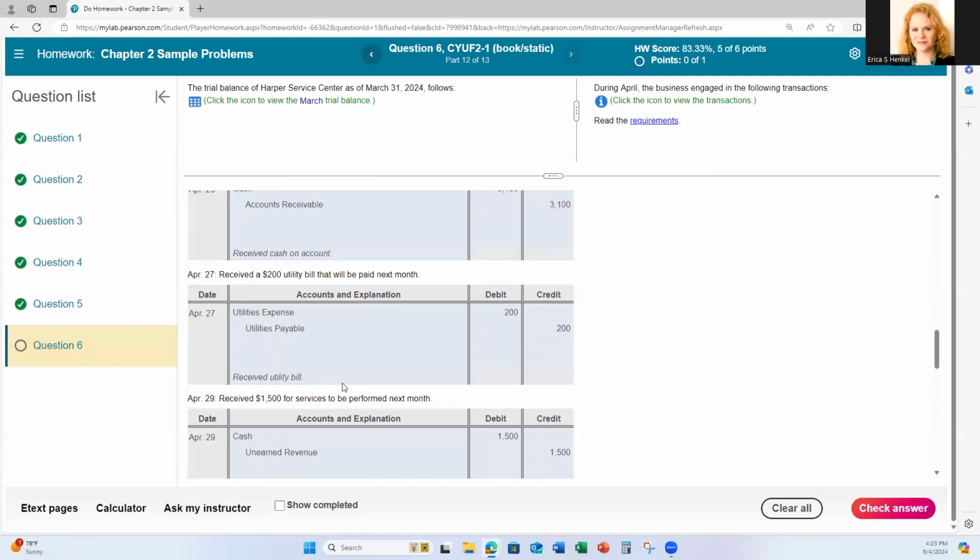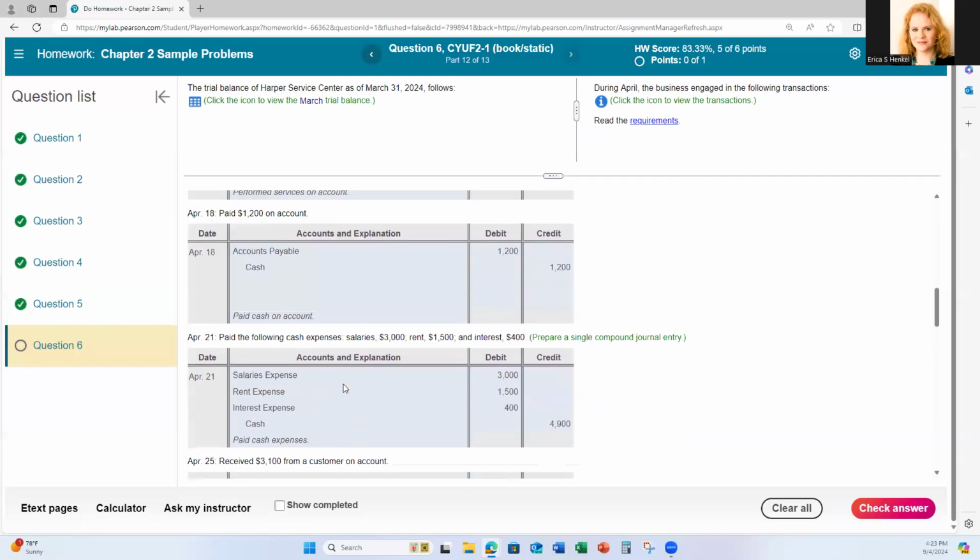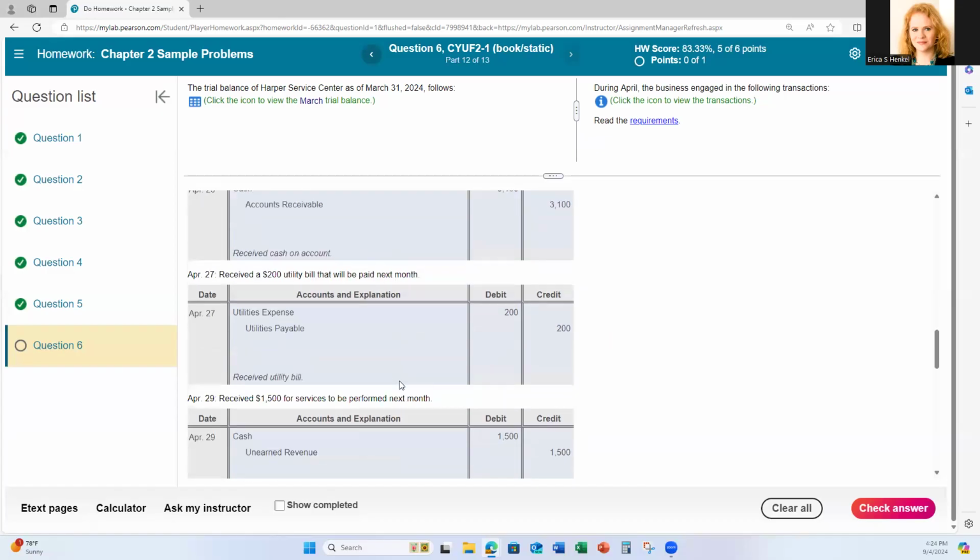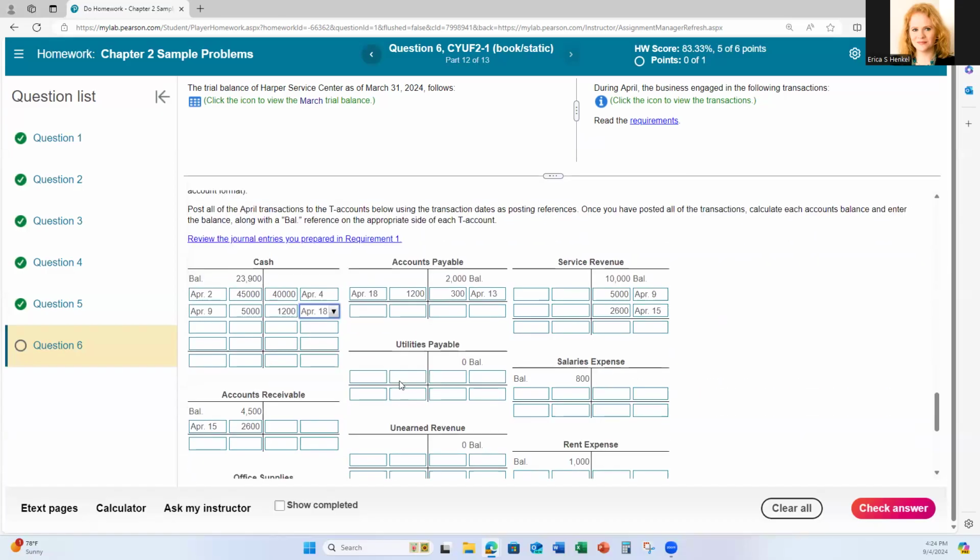Okay. And then salaries, rent, and interest. Okay, I'm going to write this down here. 3,000, 1,500, and 400. Here. Okay, so salaries expense was 3,000.